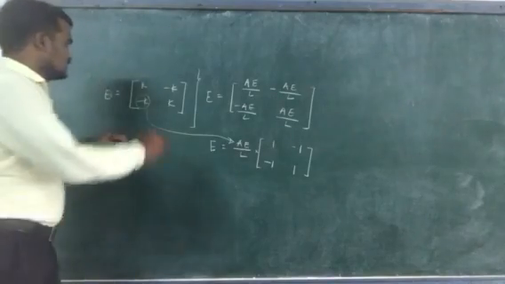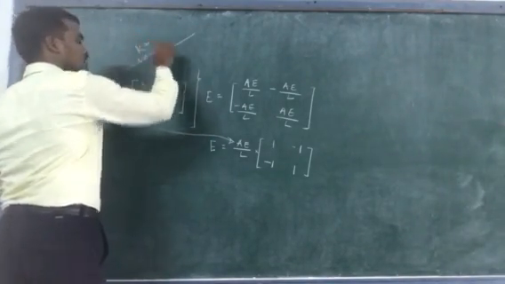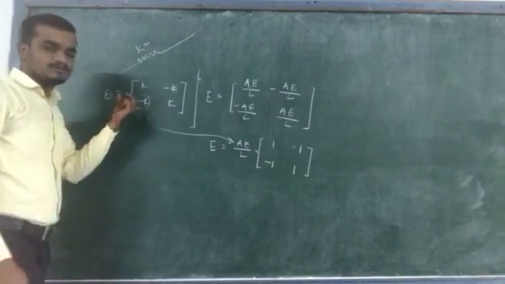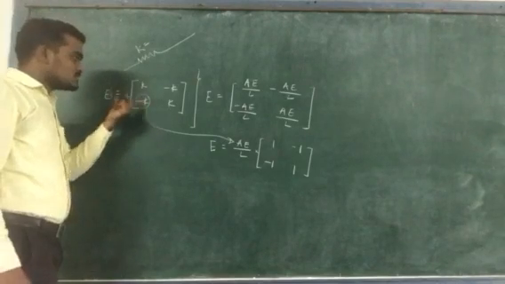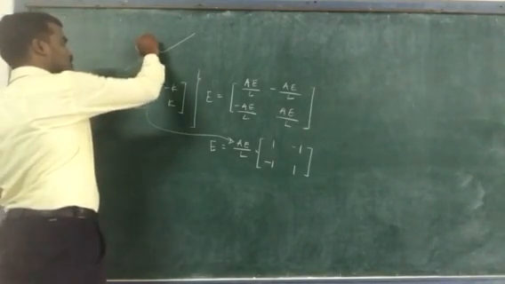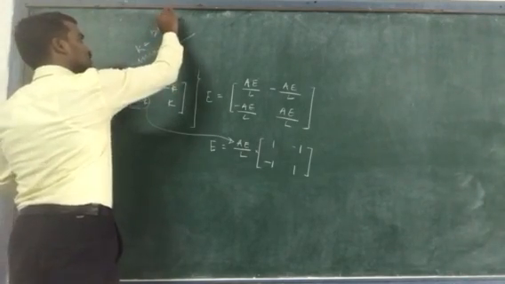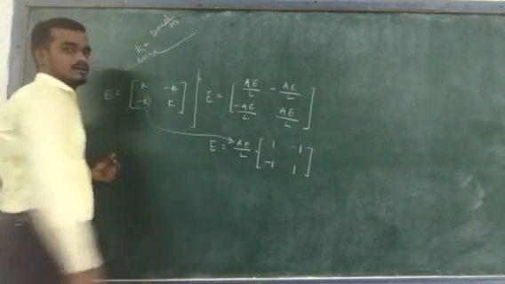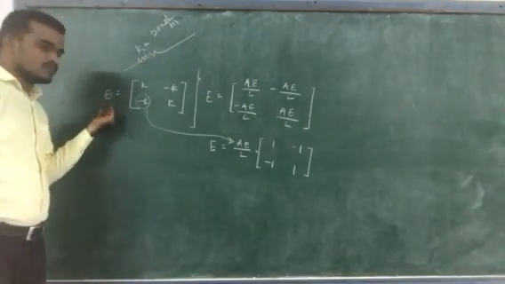This is for your spring element, where K means spring constant, or stiffness; the stiffness value is given for the spring system. For example, K is equal to 200 Newton per meter. In this way you will get the elemental stiffness matrix for the spring system.